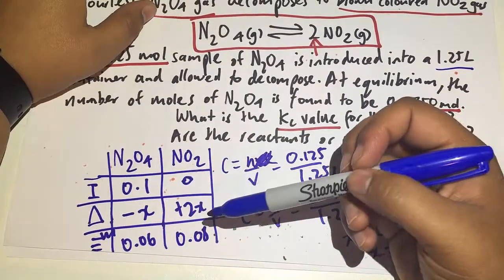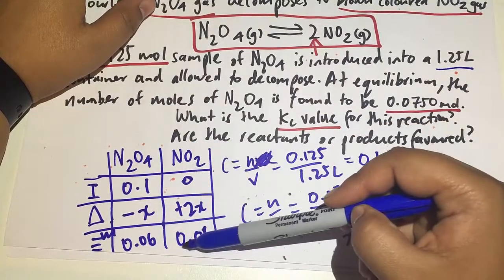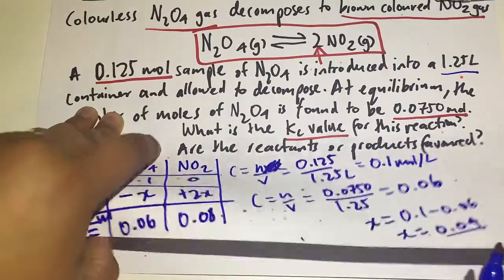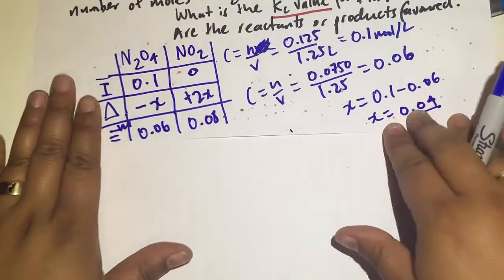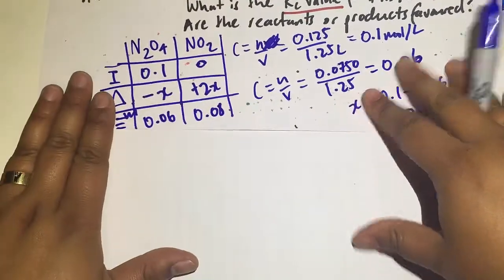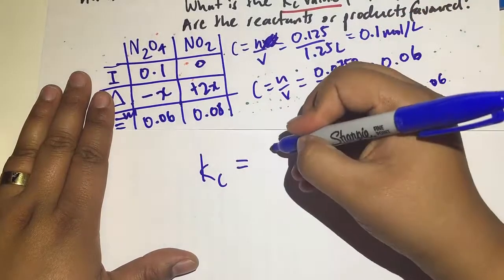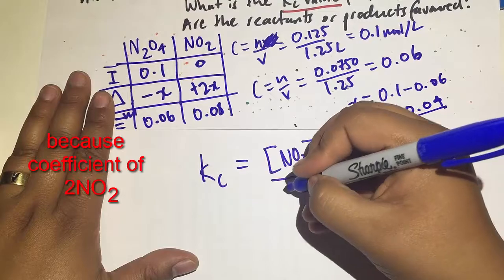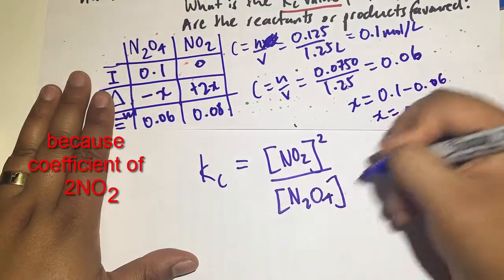So now we know the concentration of N2O4 and NO2 at equilibrium. So now we can do our equilibrium constant calculation. Our equilibrium expression, just to start off with, is going to be the concentration of NO2 to the power of 2 divided by the concentration of N2O4.